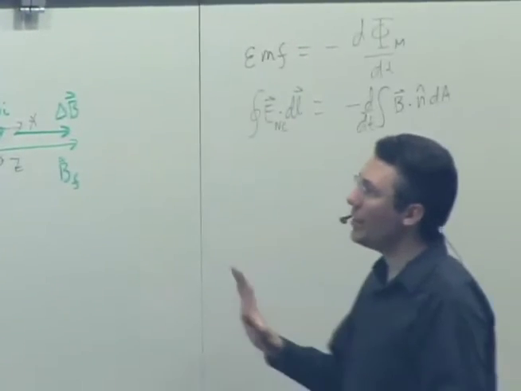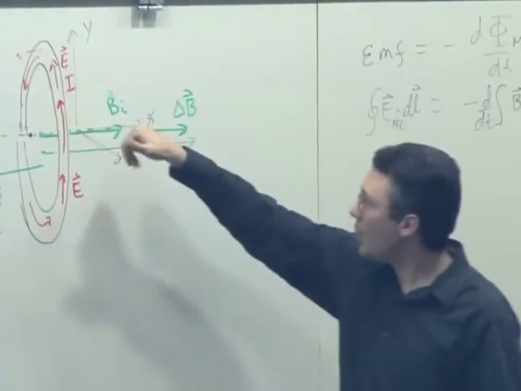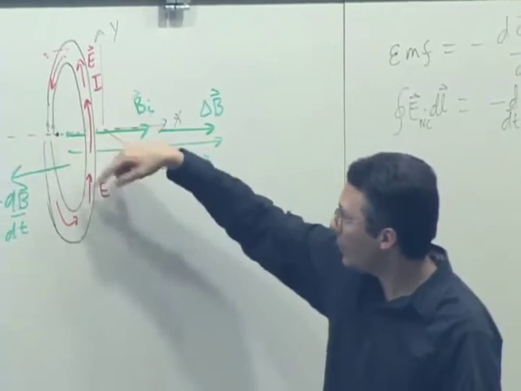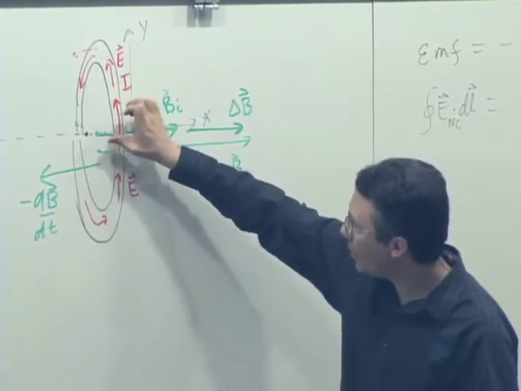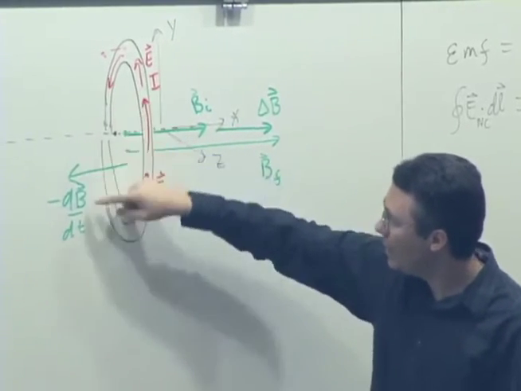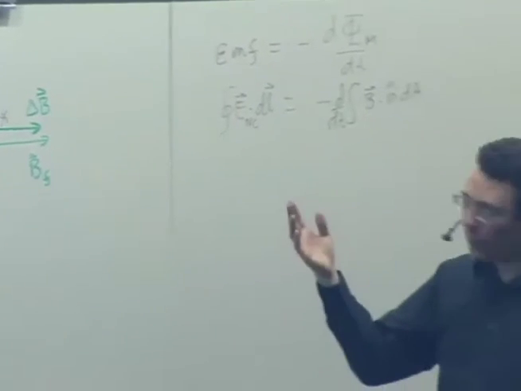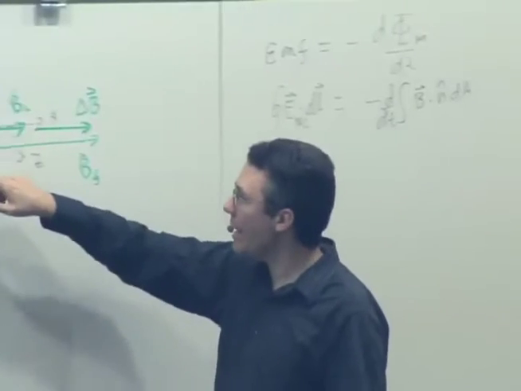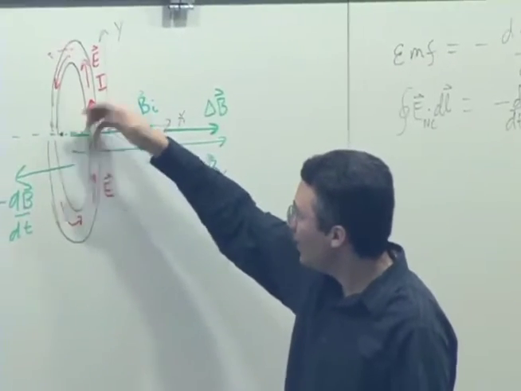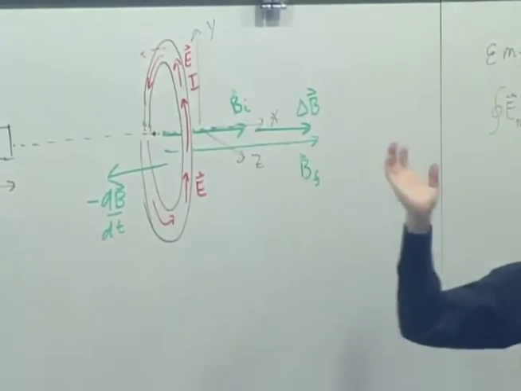Notice that this current is going to create its own magnetic field inside the loop, and the magnetic field created by that current is actually going to be pointing in the direction of negative dB/dt. But when we add the two fields together, the field due to the bar magnet and the field due to this current, we still get a net field. It doesn't add up to zero.